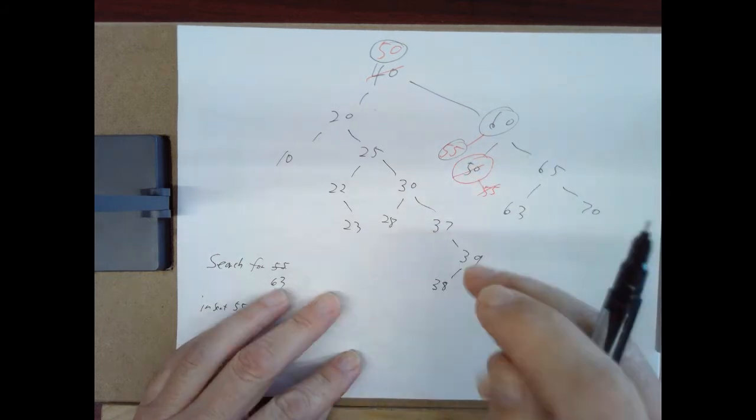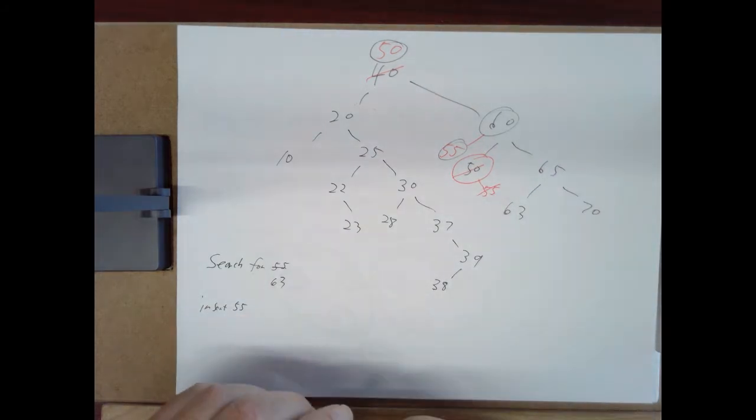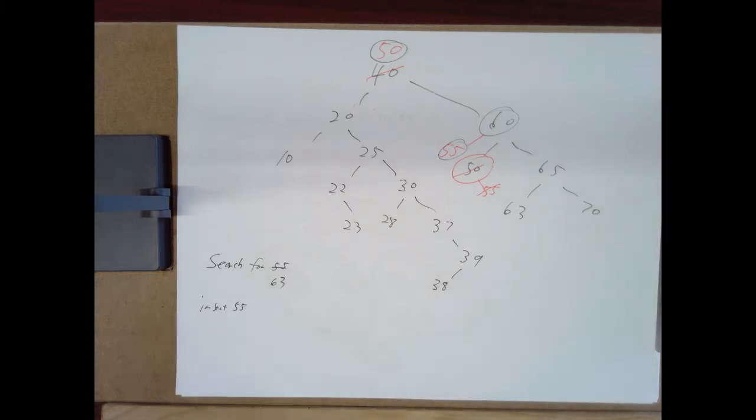But how can we think about inserting into this tree recursively? Is there a way to describe inserting into this tree in terms of inserting into smaller trees? You can write that search function. Yeah, you want to start with the search. Well, let's do search.